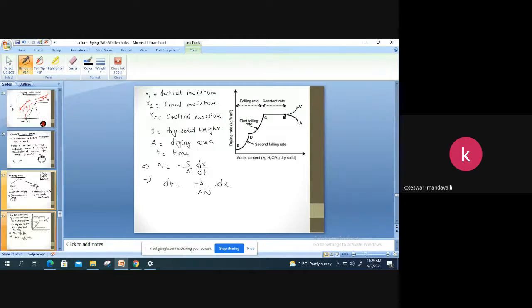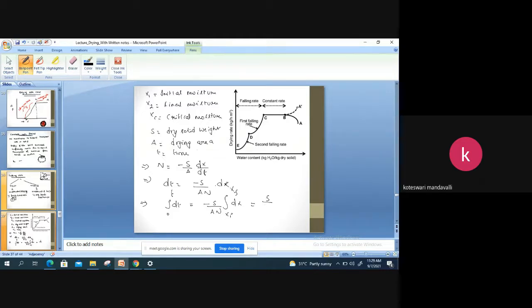Now, if I want to know the time, what is the time required? So if I want to remove this minus sign, I can write it like this.